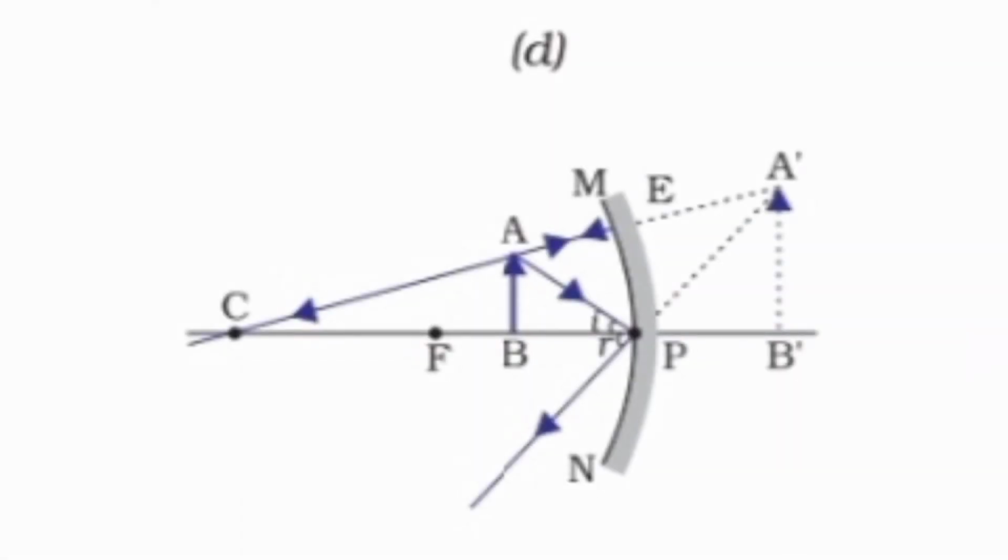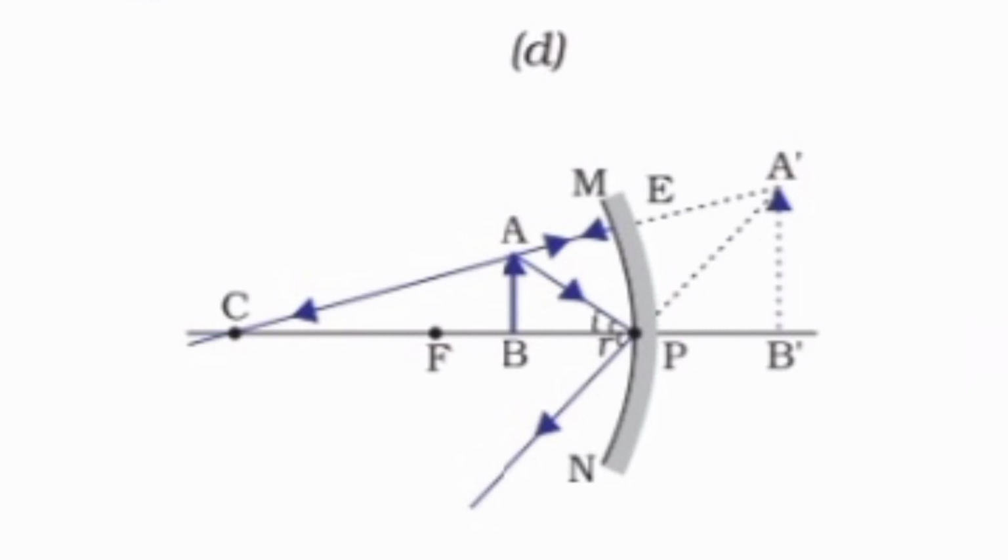In the last case, the object is placed between the pole and the focus. At first, we draw a line from the point A, which after reflection is passing through the center of the curvature. Then we draw the next line, which falls obliquely at the point B, that is the pole of the mirror, and is reflected back following the laws of reflection.